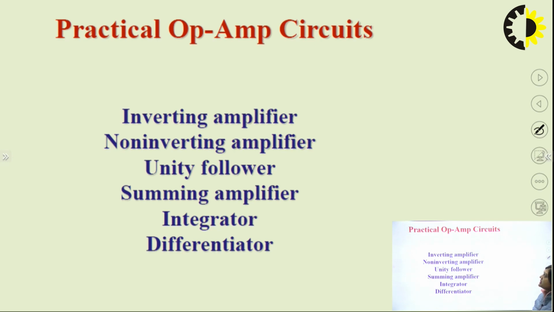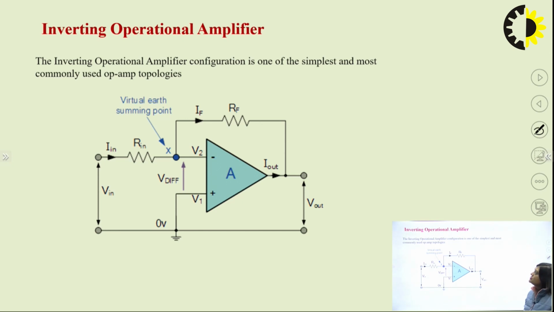Now these are the practical Opamp circuits that we will see: inverting amplifier, non-inverting amplifier, unity follower, summing amplifier, integrator and differentiator. So, the inverting operational amplifier: here we have seen that the positive terminal we have grounded, and at this terminal we have applied the VIN signal, and this difference is amplified here.